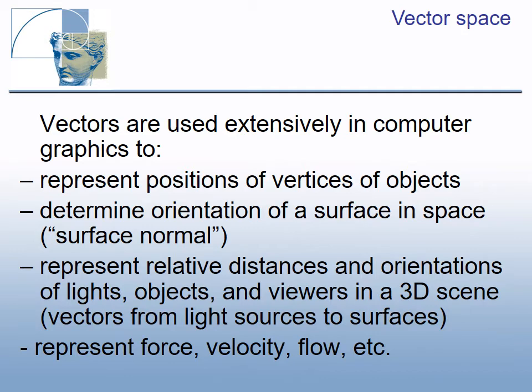And the last one is using vectors for representing force, velocity, throw, etc. So to make our scene, let's call it live, and to create animation or some object with history, some time dependency, to introduce time dependency into modeling.